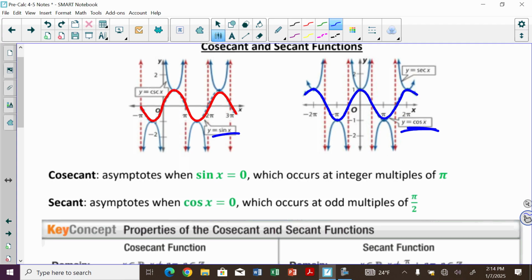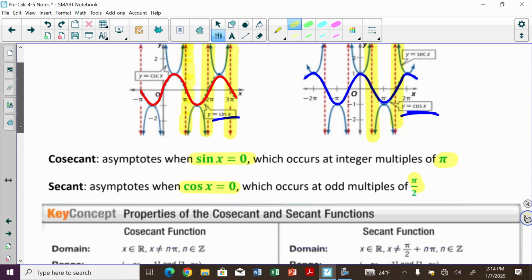Okay, so just to point out, on cosecant we have asymptotes where sine of x equals 0, which occurs at integer multiples of pi. And then for secant, we have asymptotes where cosine of x equals 0, which occurs at odd multiples of pi over 2. You can see that in the graph up here, where the asymptotes fall at multiples of pi, and then over here at odd multiples of pi over 2. Okay, just showing that.